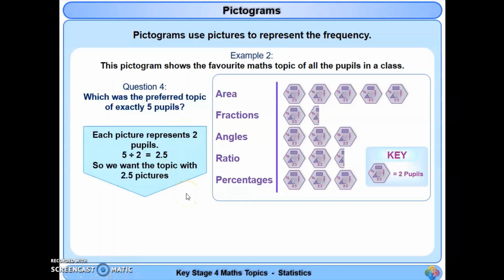So each picture represents 2 pupils. So if we took the 5 and divided by 2, we would end up with 2.5. So we're looking for 2.5 images, which is represented here. Ratio represented by 2.5 images, 2 pupils, 4 pupils, and an extra 1, 5 pupils.